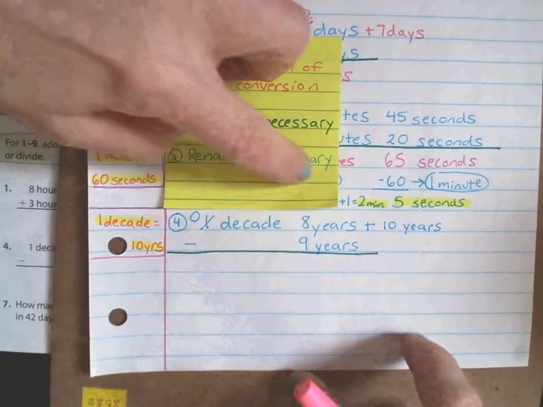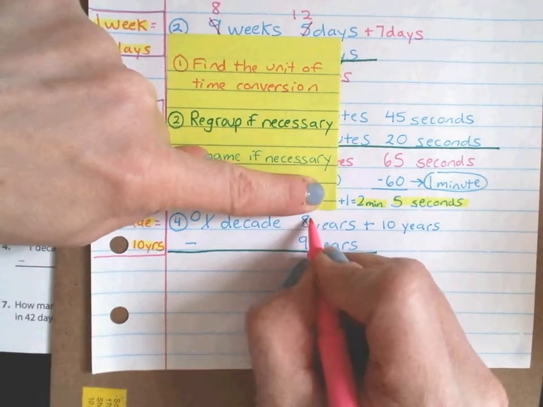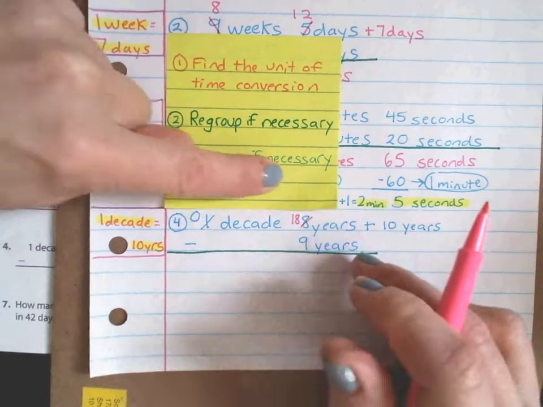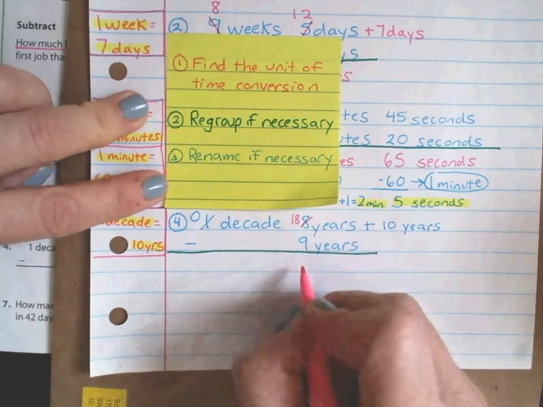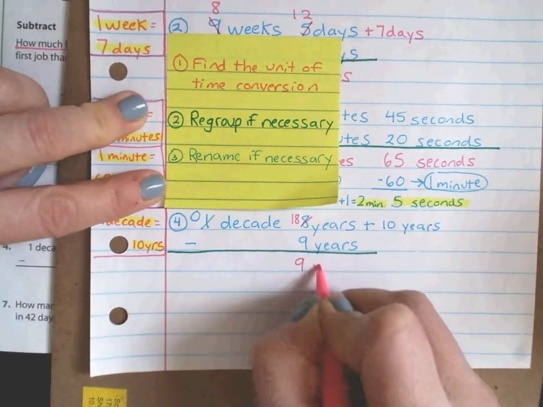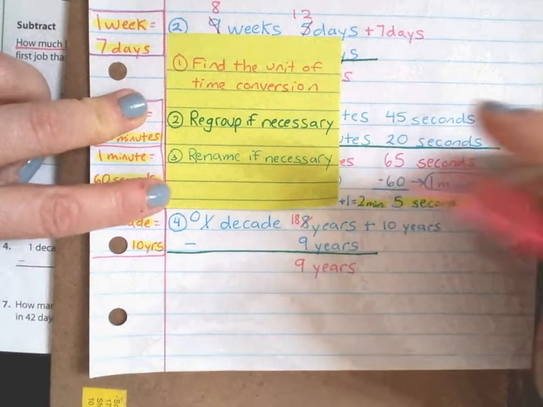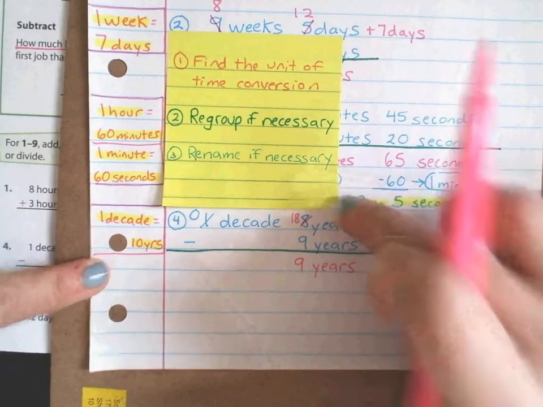So my new top number will be 8 plus 10, which is 18. So now I can subtract. So I've got 18 years minus 9 years is 9 years, and no decades. So I do not need to rename because 9 years is less than 10.